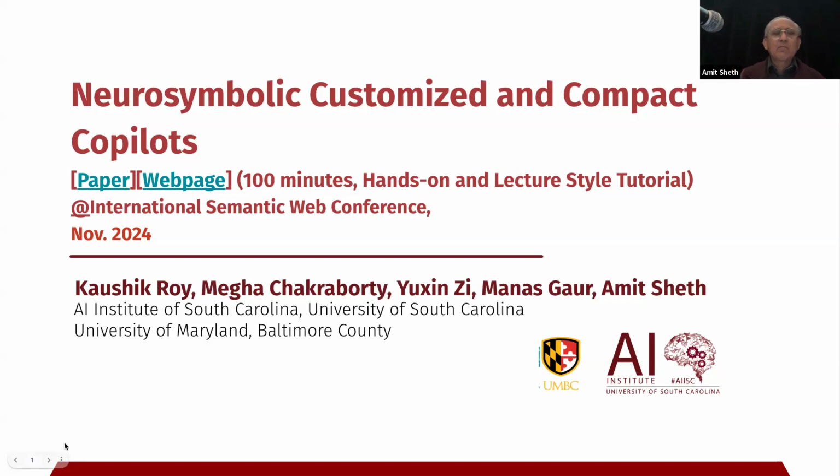Okay, so our tutorial is about neurosymbolic, customized, and compact copilots. But basically, imagine that you have a bunch of users that engage with an AI system, and the copilot is your gateway to interaction.